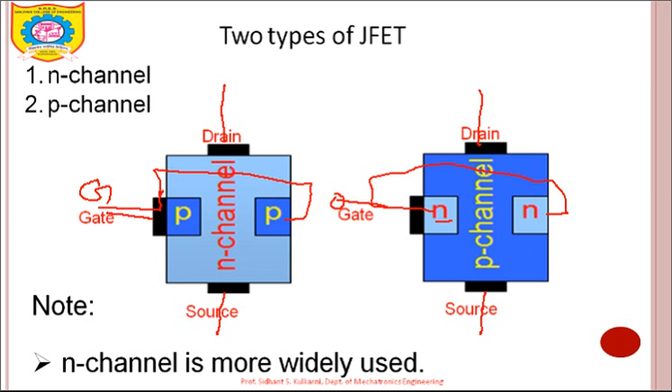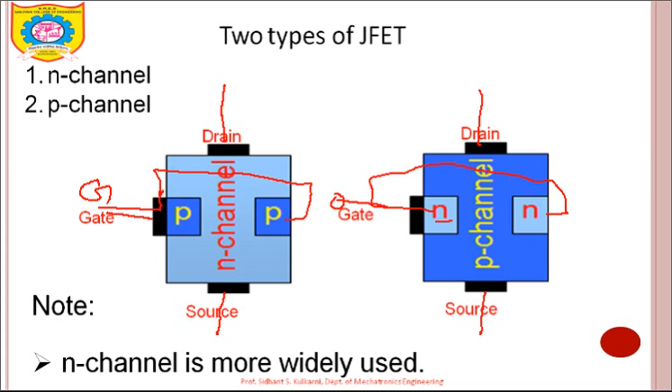Once again, whenever a certain gate to source voltage is applied, the depletion region of the N region and P region will increase or decrease depending on the voltage we apply, and accordingly the current flowing from source to drain is changed or varied. Depending on that, we say that gate is a controlling terminal.